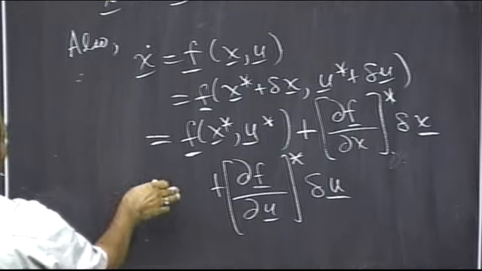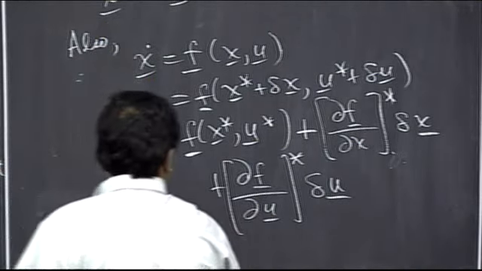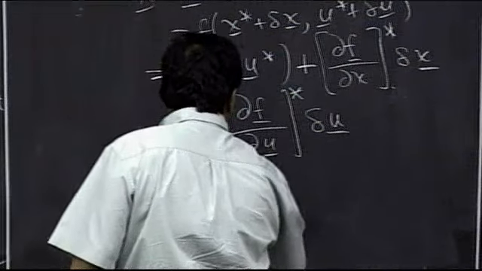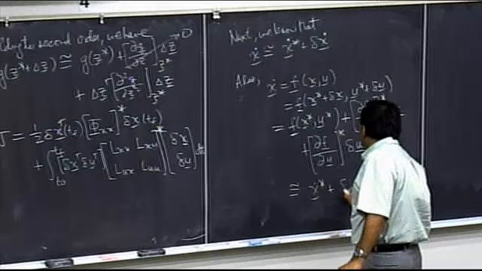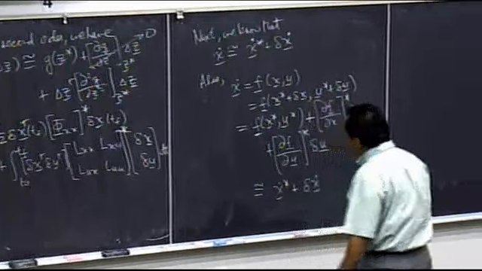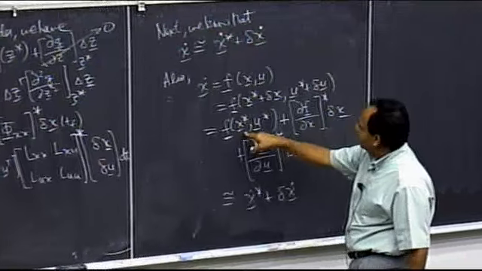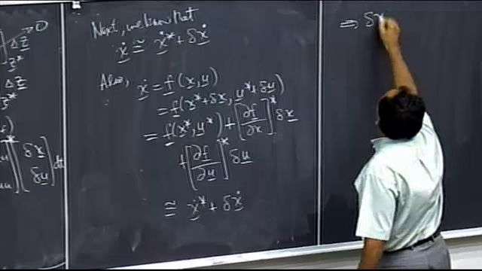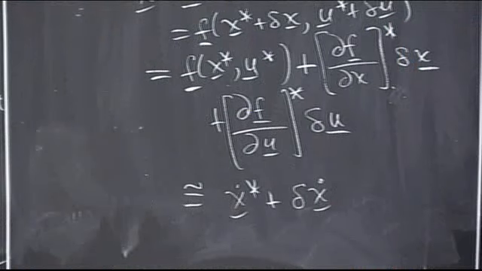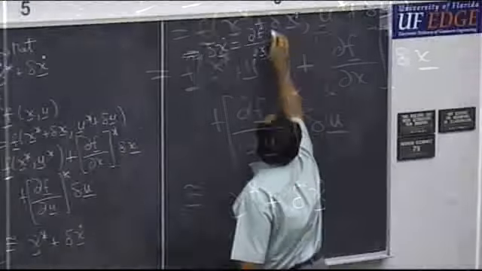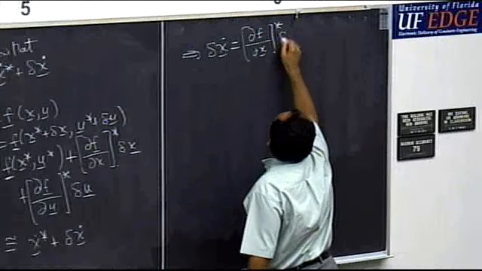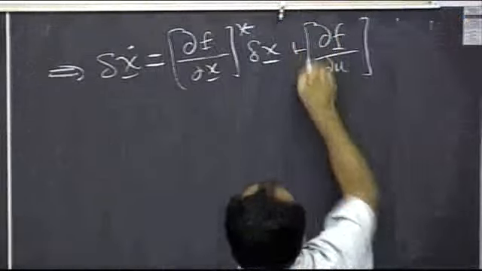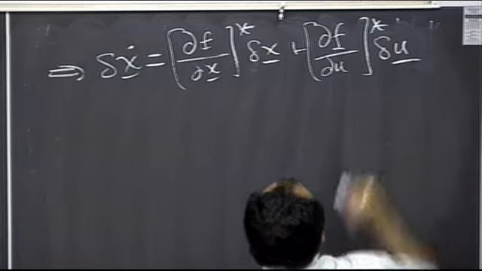So if I plug this in up here, this is approximately equal to x dot star plus delta x dot. But I know that x dot star is equal to f of x star u star, so these two things cancel out, which gives me that delta x dot is equal to the partial of f with respect to x evaluated on the optimal solution times delta x plus the partial of f with respect to u evaluated on the optimal solution times delta u.